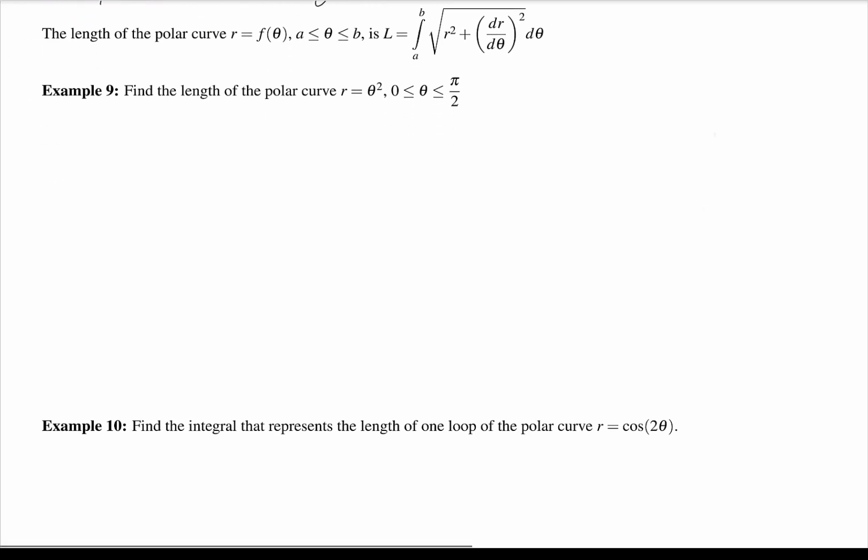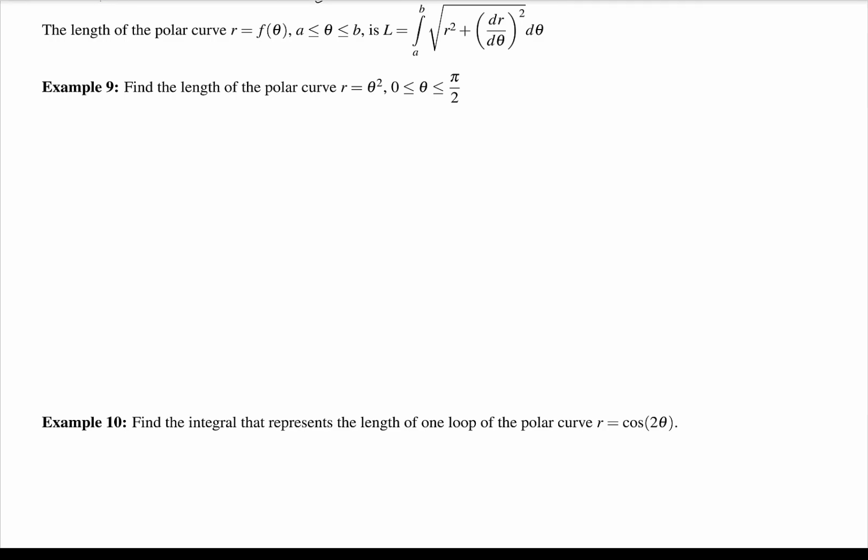Now for our next topic, we're looking at finding the length of a polar curve. So to do this, if we have some polar curve given by r equals f of theta, and theta goes from a to b, the way we find this is we integrate from a to b, and then we'll have the square root of r squared plus the derivative of r squared.